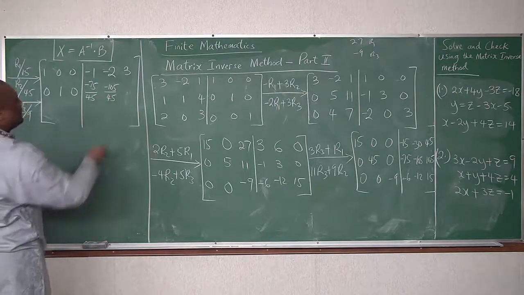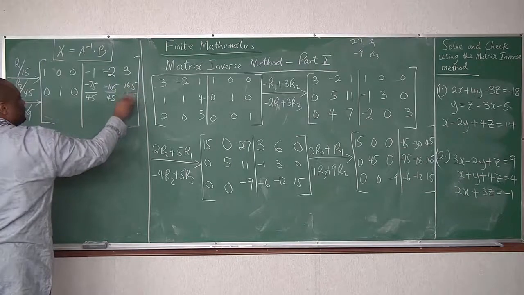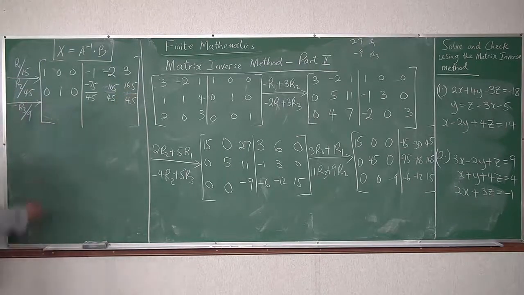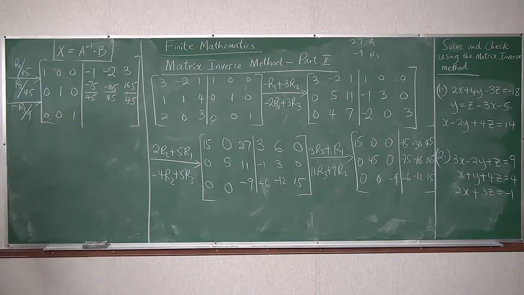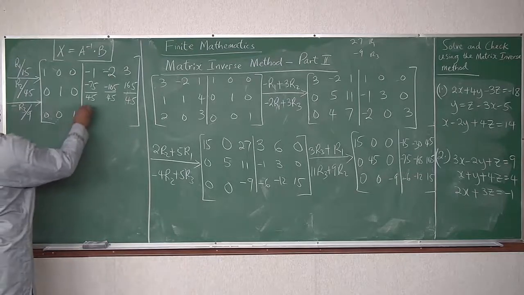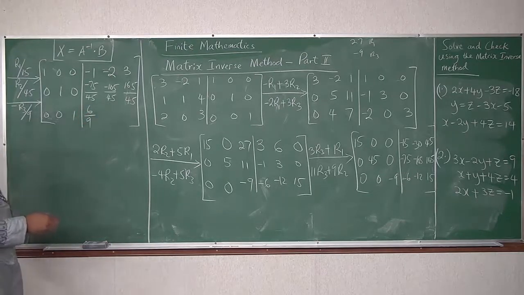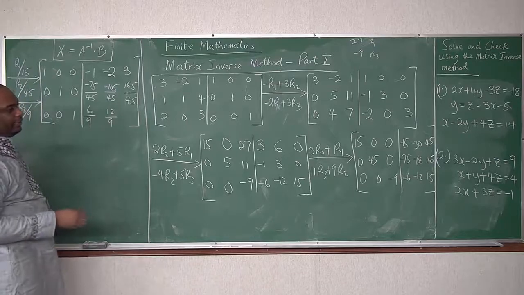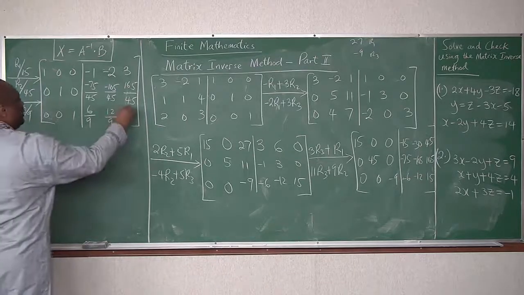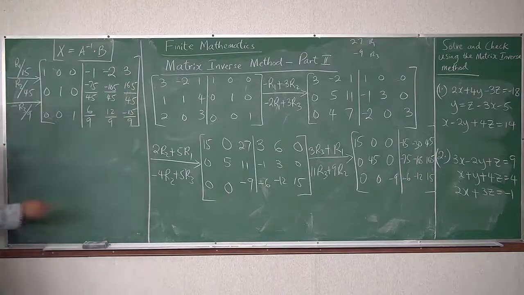And then 165 over 45. R3, 0, 0, 1. Negative, negative, 6 over 9. Then negative, negative, 12 over 9. Then negative 15 over 9. So our A inverse is, let's simplify this stuff now.